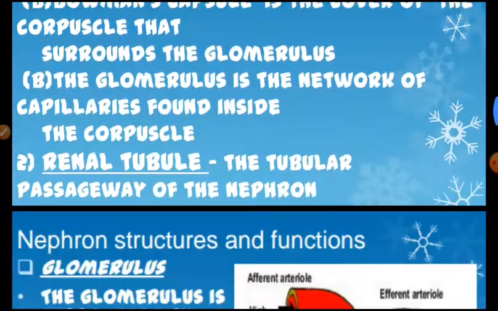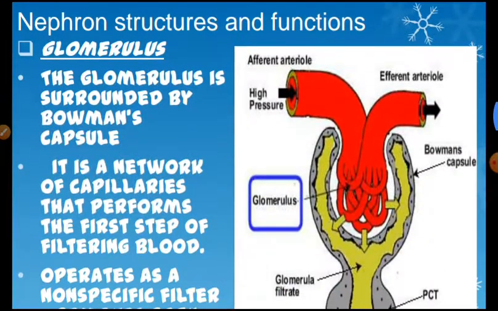When you see here, this is the structure of the renal corpuscle. You can see here a glomerulus and a Bowman's capsule. The glomerulus is the capillary tuft, formed by the afferent arteriole and efferent arteriole.